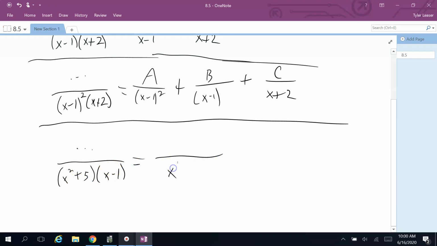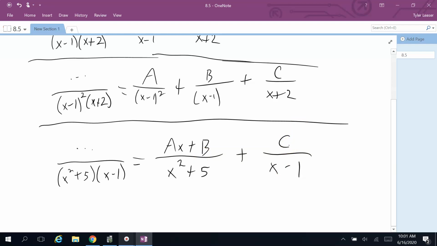So that quadratic is going to get its own fraction, and of course the linear term gets its own fraction. But whenever you have a quadratic factor, you have to have a linear numerator. So it's not just a constant up top, it's going to be Ax plus B, a linear polynomial here. This is just going to get a constant though.